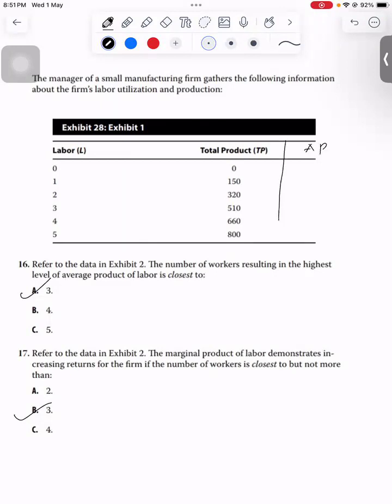Here it will be 150. Here it will be 160. 510 divided by 3, this will be 170. Anyone need any explanation? 16th A, 17th B.